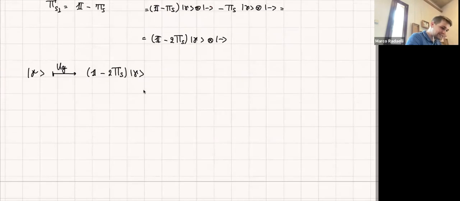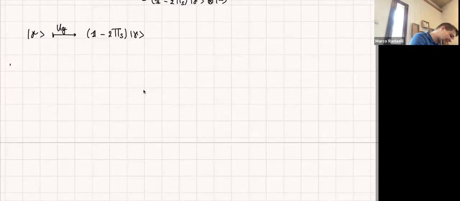This is not enough. The second step of the iterator is the reflection around psi naught. Okay, so let's define an operator R psi naught, which is again a unitary, which has this form here.